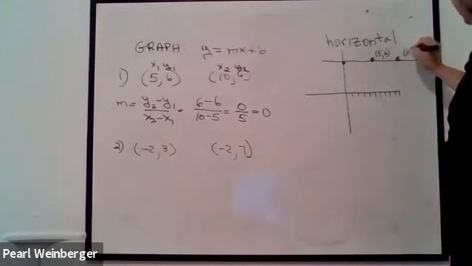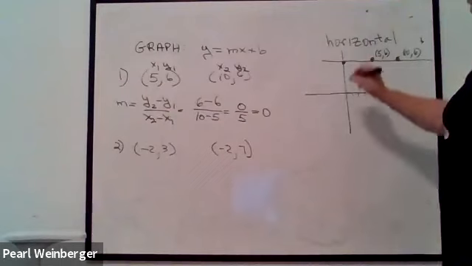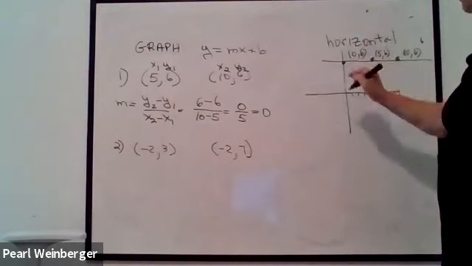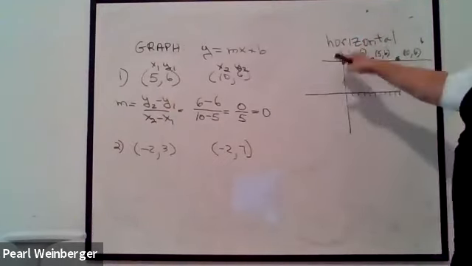This was the point 10, 6. It crosses the y-axis at 6 because every single point on this horizontal line has the same exact y value. That's why the equation of this line is y equals 6.